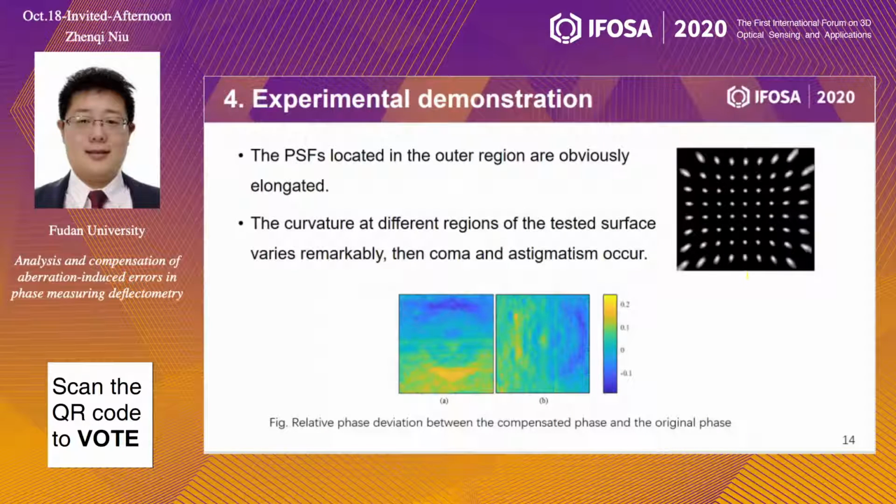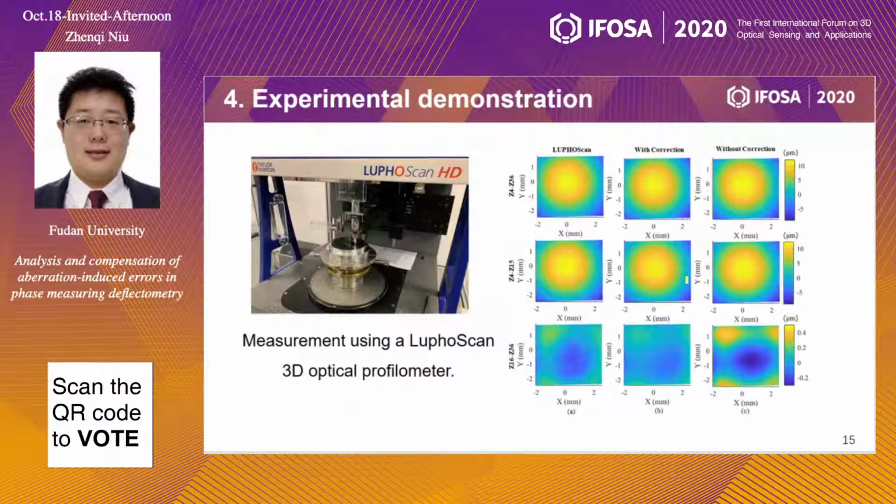The surface form is reconstructed from the slopes calculated by using the phases with correction and without correction, respectively. For the purpose of quantitative comparison, the surface is measured by a profilometer loop scan as a reference.